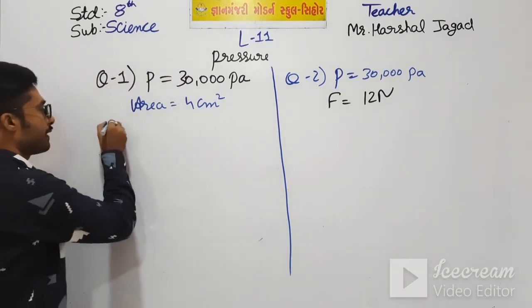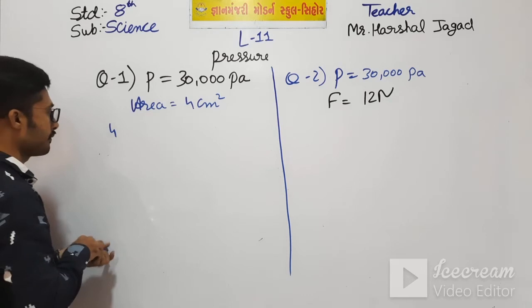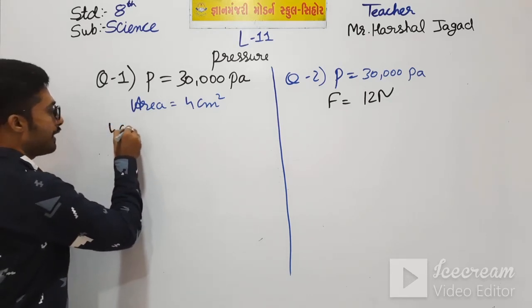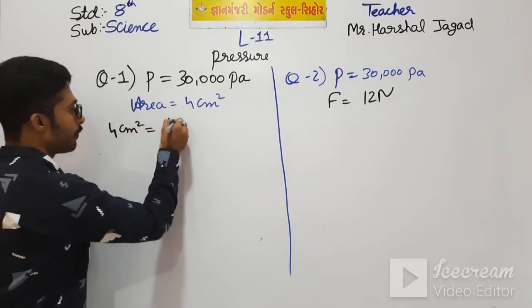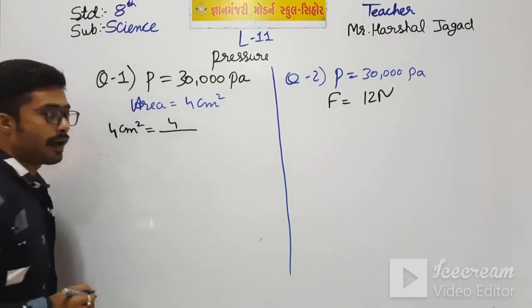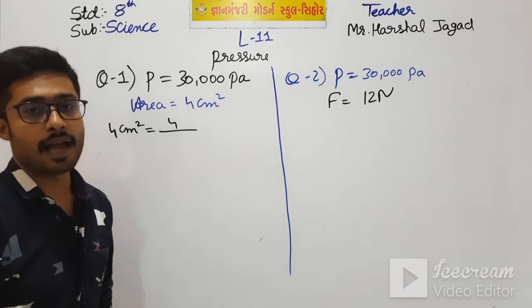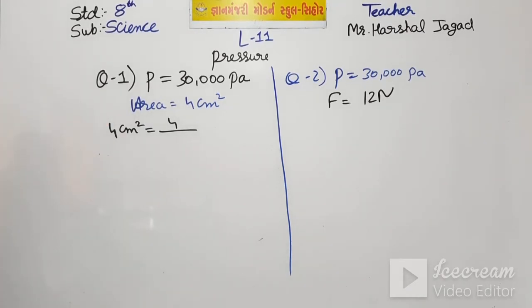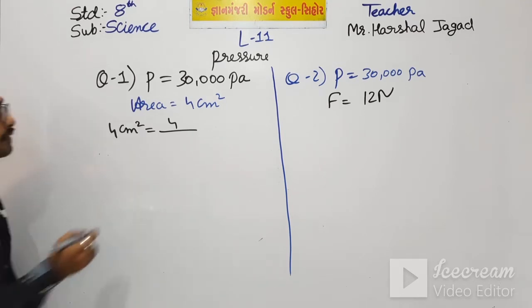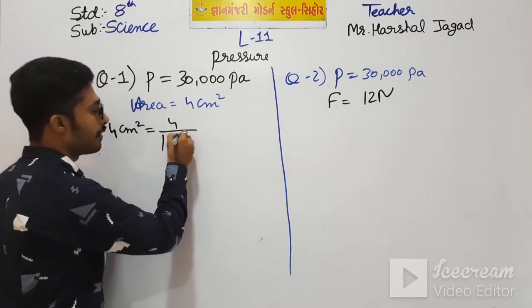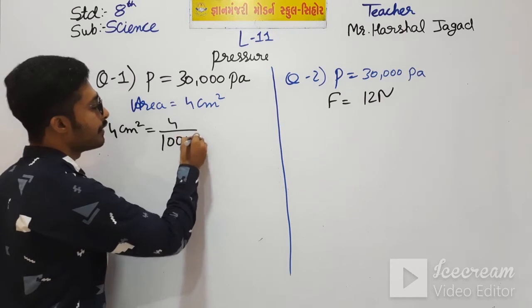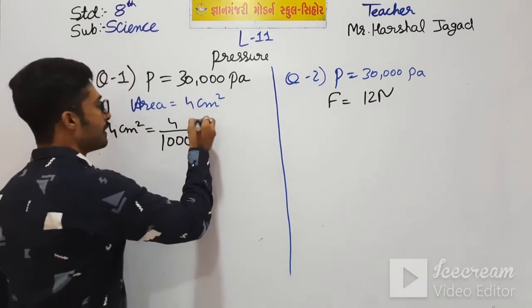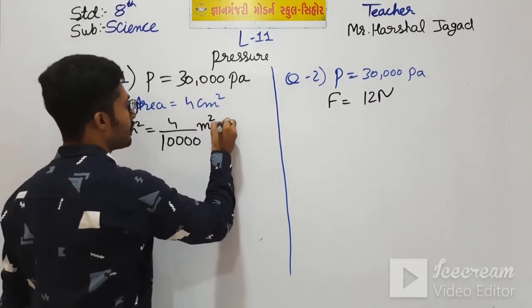So 4 centimeter square is equal to 4 divided by how much? 1, 2, 3, 4 zeros means 10,000, that is meter square.